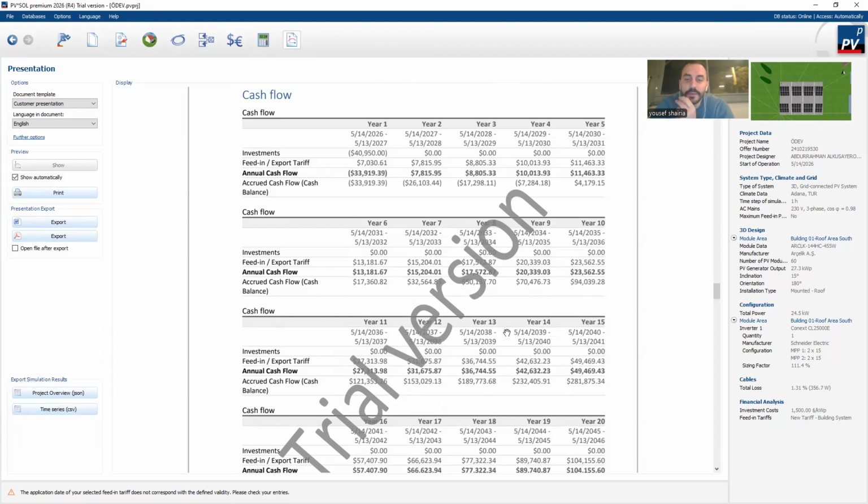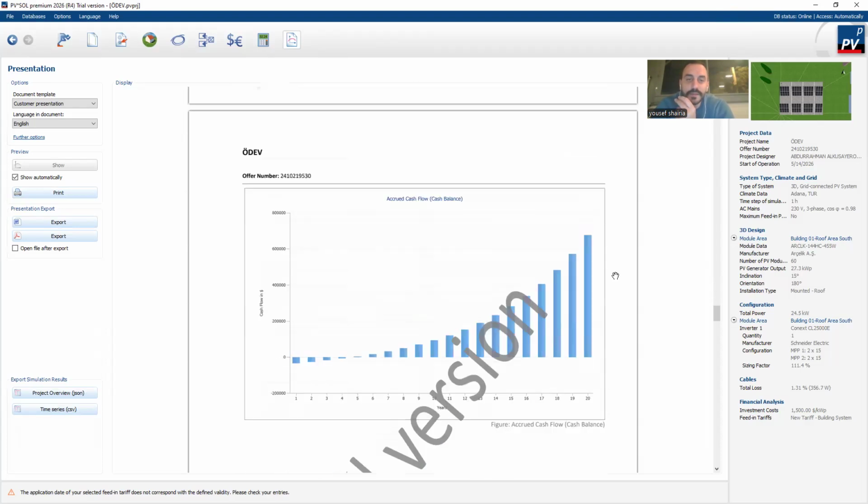Okay, now the next page shows the accrued cash flow chart graphically. You can clearly see the dip in year 1, followed by a steady climb that accelerates in the later years due to the inflation effect on the feed-in tariff.